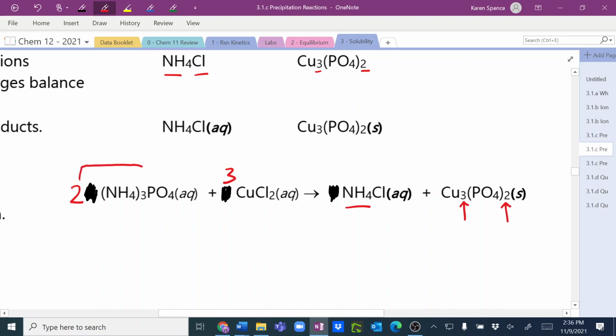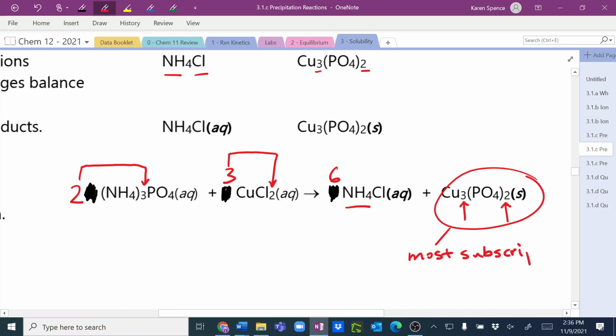Well, I need how many? 6. And hopefully that will be the same for chloride. It should be. It is. It's 6. So if you have trouble balancing it, pick your thing with the most subscripts. Balance those ions, and then go from there.